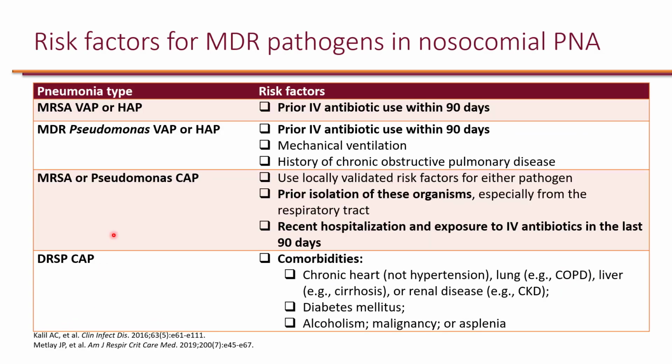Now, here is information from 2 different guidelines. The first guideline is the HAP and VAP guidelines. So here they have identified risk factors for MRSA in HAP and VAP, as well as risk factors for multi-drug-resistant Pseudomonas in HAP and VAP. So the common risk factor for these two is that if a patient has received IV antibiotics in the previous 90 days, that is a risk factor for selection for MRSA, as well as selection for multi-drug-resistant Pseudomonas.